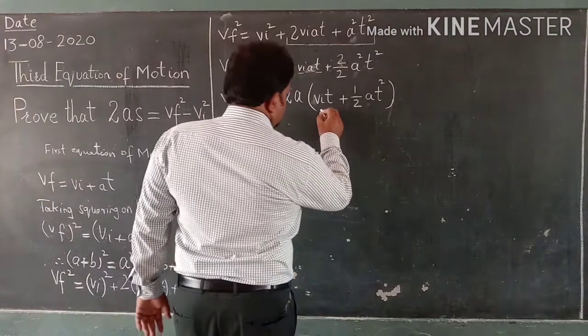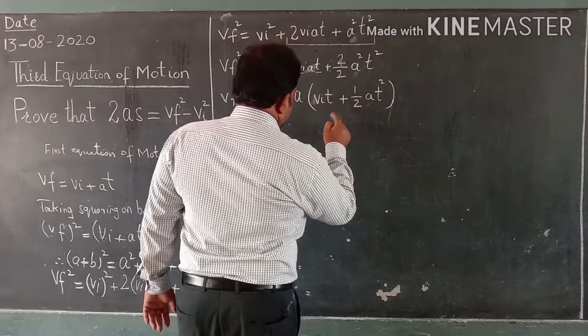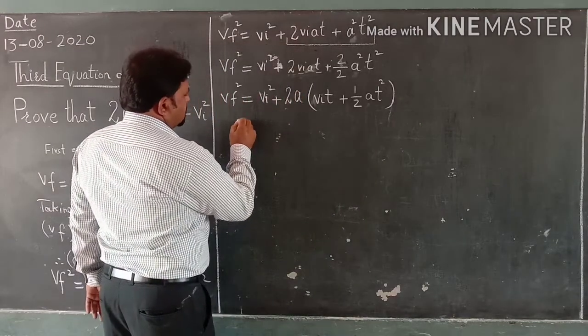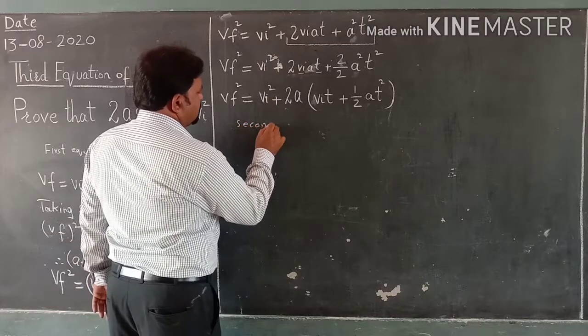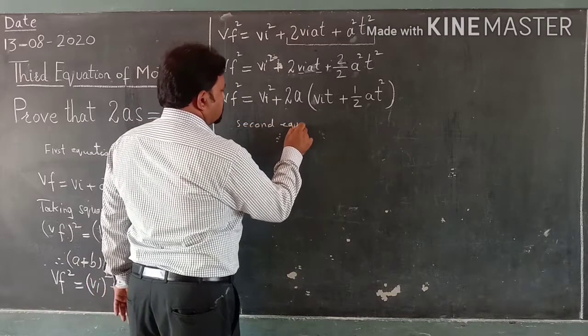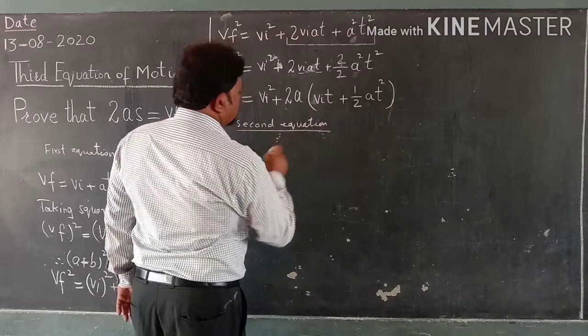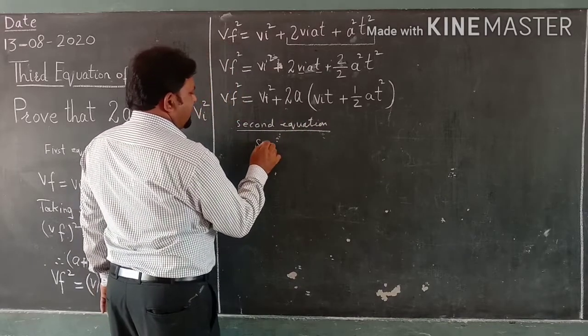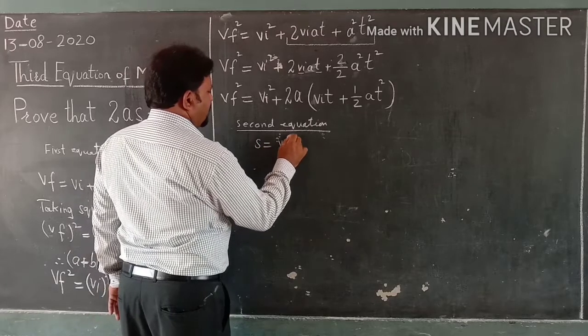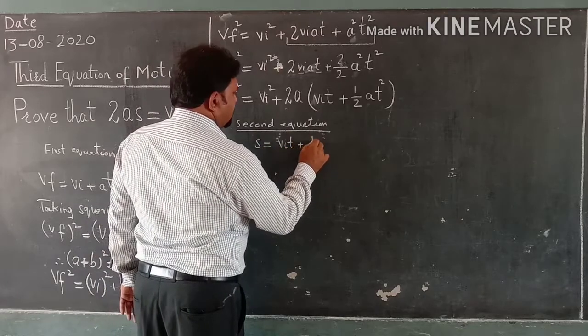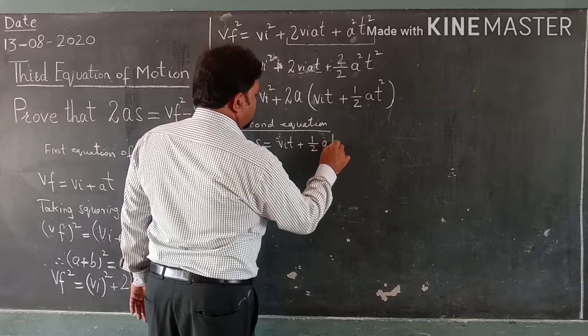Now you know the second equation: S is equal to Vi t plus 1 upon 2 a t square.